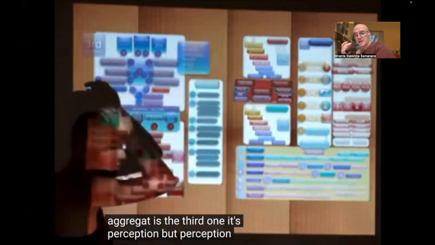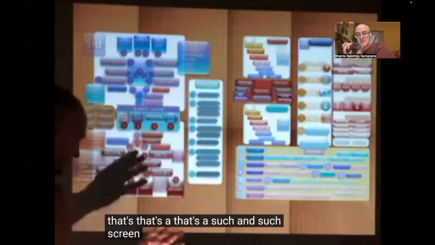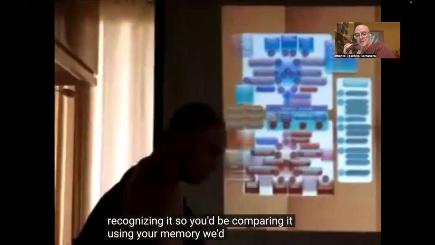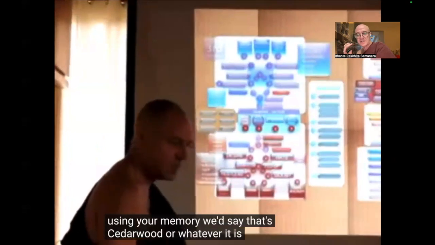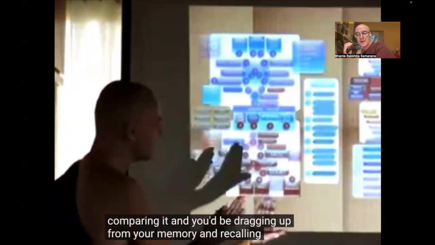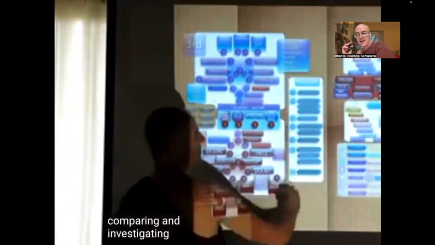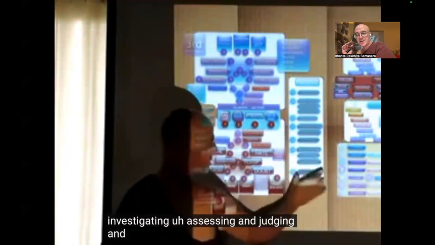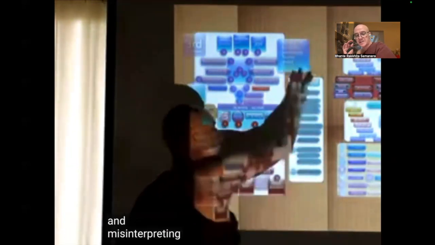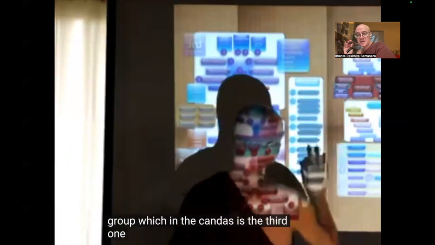perception, but perception to say that's a such and such screen made by such and such, you'd be recognizing it. So you'd be comparing it using your memory. We'd say that's cedarwood or whatever it is, and you'd be comparing it and dragging up from your memory and recalling. So the way that perception, identifying, comparing and investigating, assessing and judging and summarizing and interpreting and misinterpreting all happens in that group, which in the khandhas is the third one.